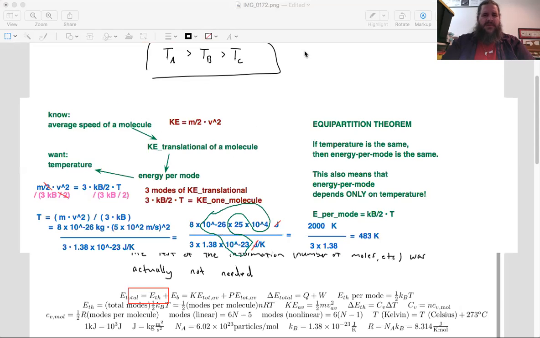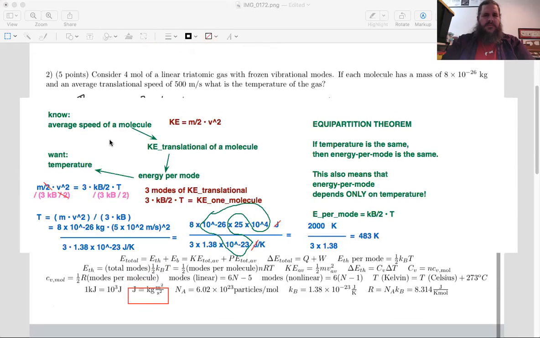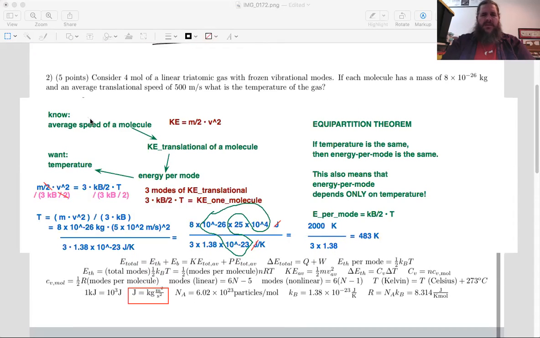If we go back to the process we just did, going back through this chain of logical leaps, did any of the steps we took have anything to do with the number of molecules that were present? Yeah, we didn't really use that information, right?